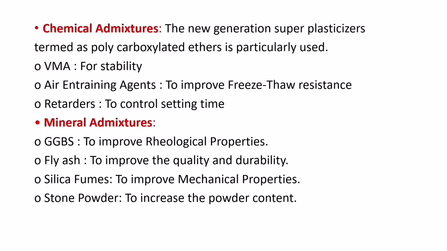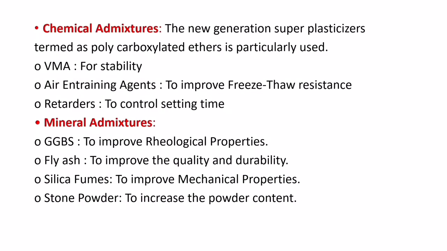Chemical admixtures used for SCC: the new generation of superplasticizers, termed polycarboxylate ethers, is particularly used. Viscosity modifying agent for stability. Air entraining agents to improve freeze-thaw resistance. Retarders to control setting time.